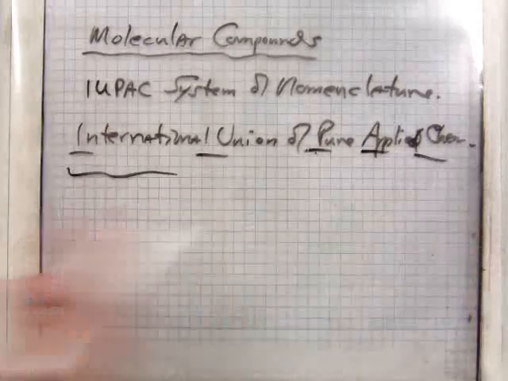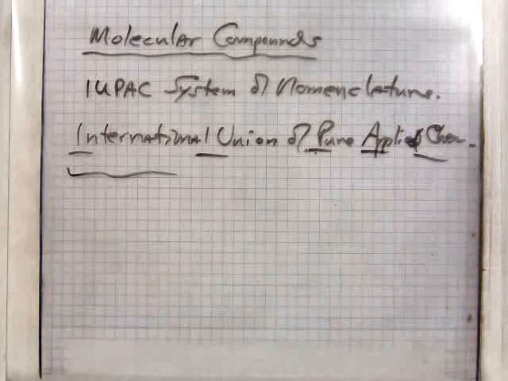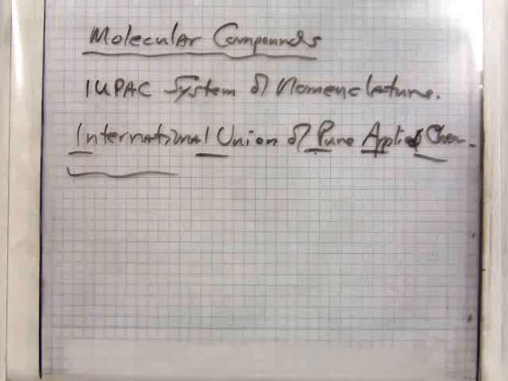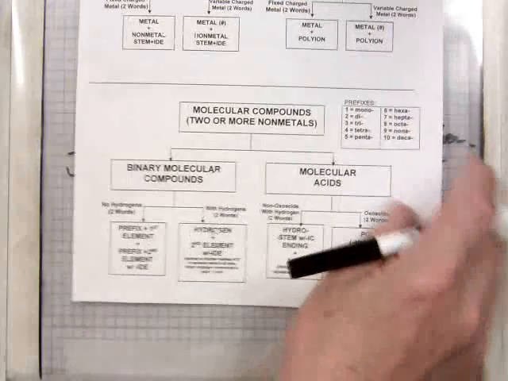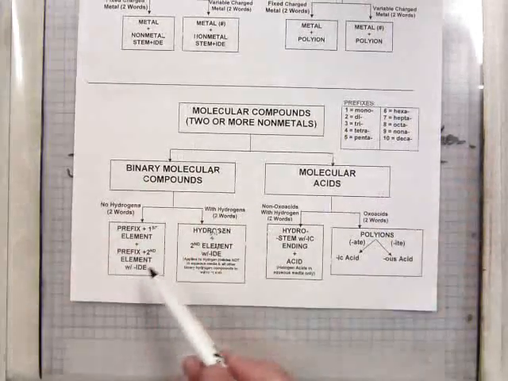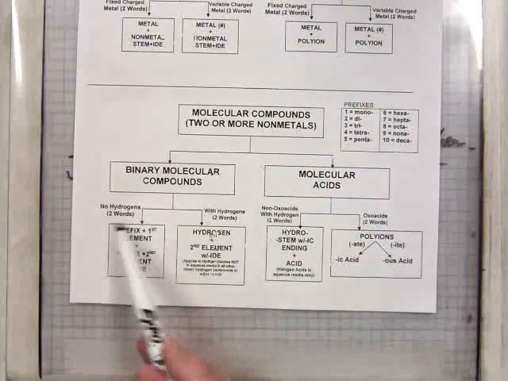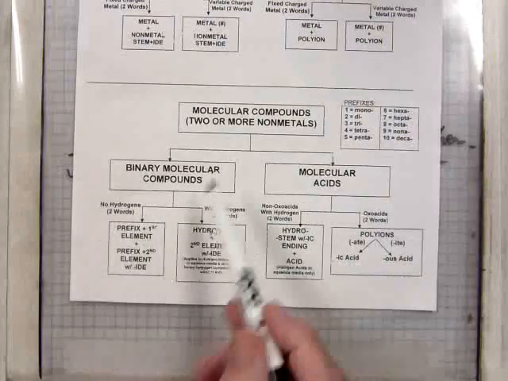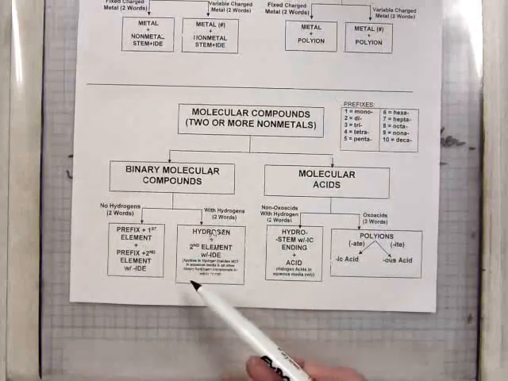So, when naming molecular compounds, we have certain rules also that are shown in the handout. We have binary molecular compounds that are broken down into no hydrogen type structures and then hydrogen type structures.